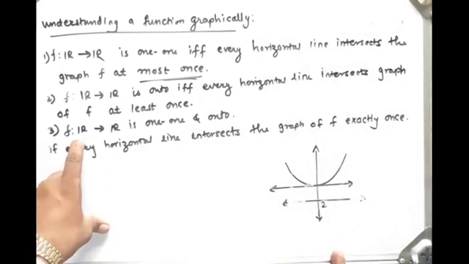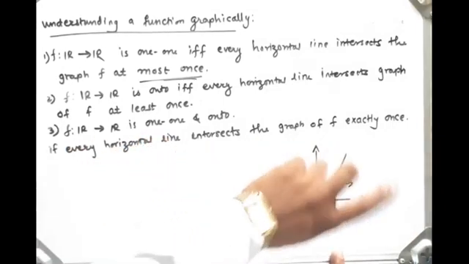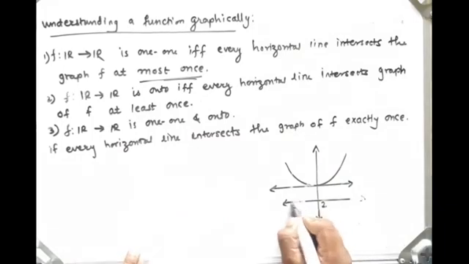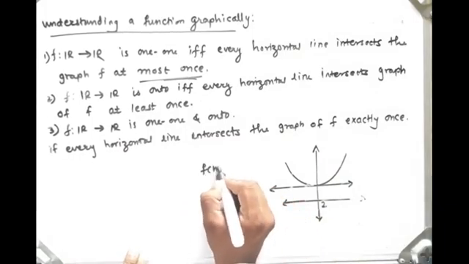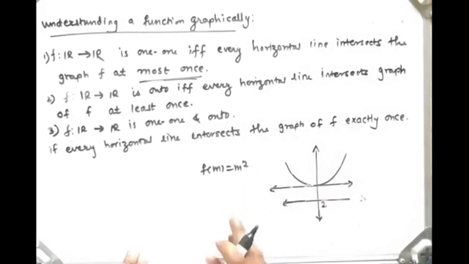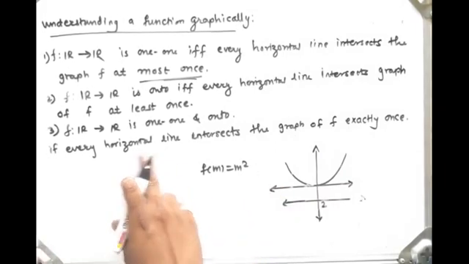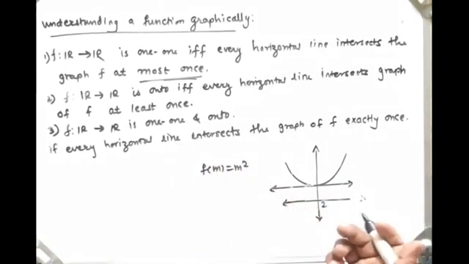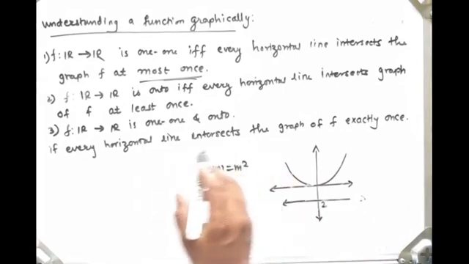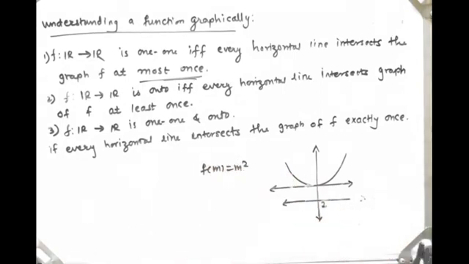This means f from R to R is one-one and onto if every horizontal line intersects the graph of f exactly once. Then the function is both one-one and onto, which means bijection, and every horizontal line intersects the graph exactly once.